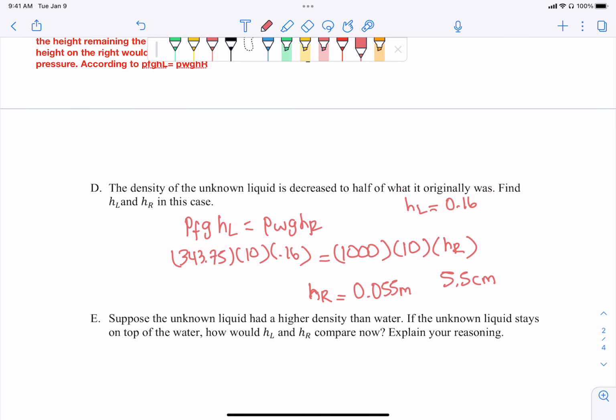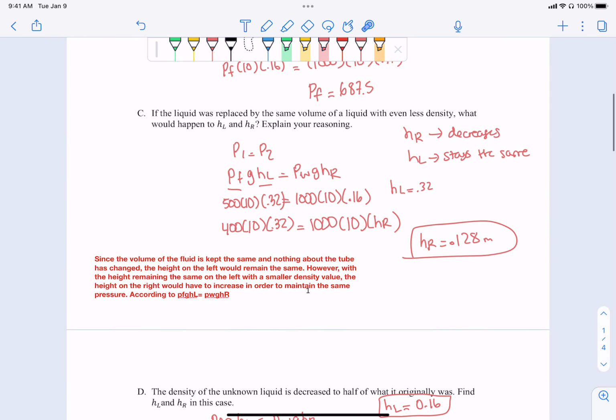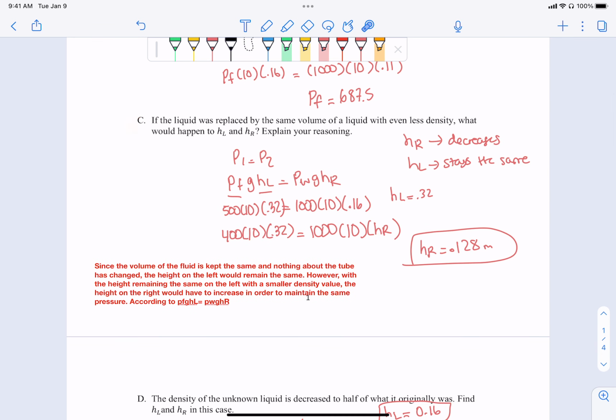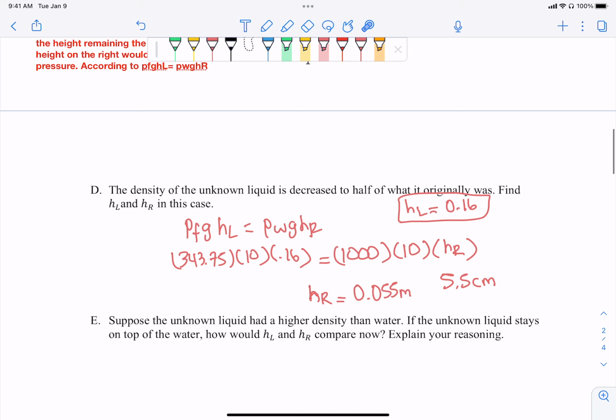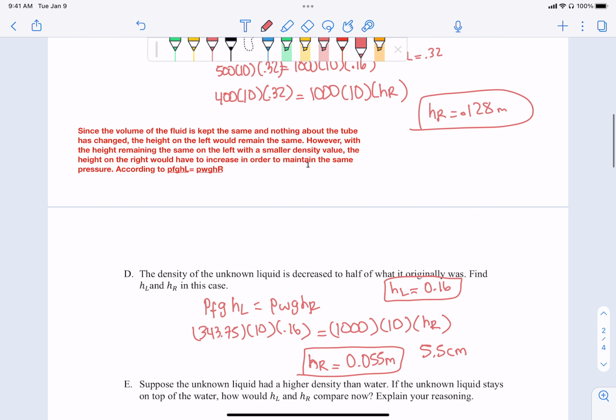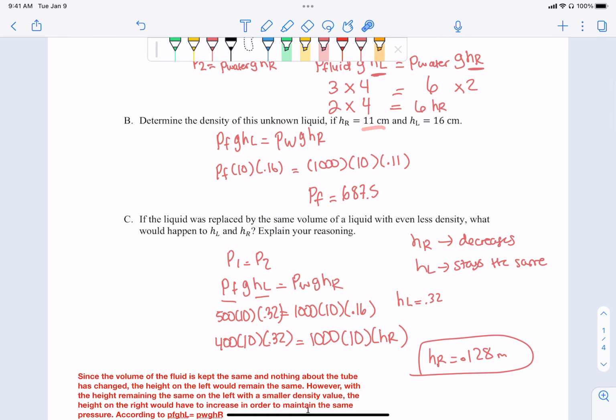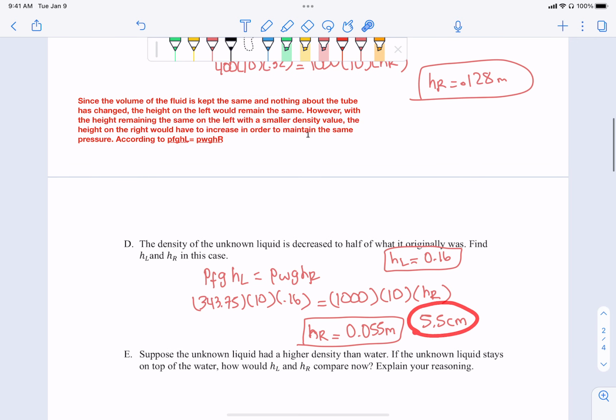Sorry, because it was half the density, but the same amount of volume. So it's exactly like what we said for part C. Decrease. Yep, because we see here that our height on the right was actually 11 centimeters, and now it dropped down to 5.5.